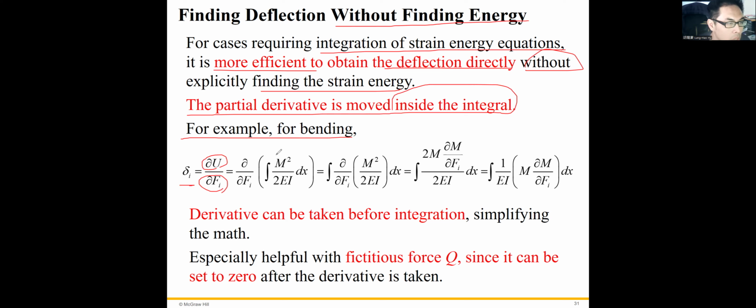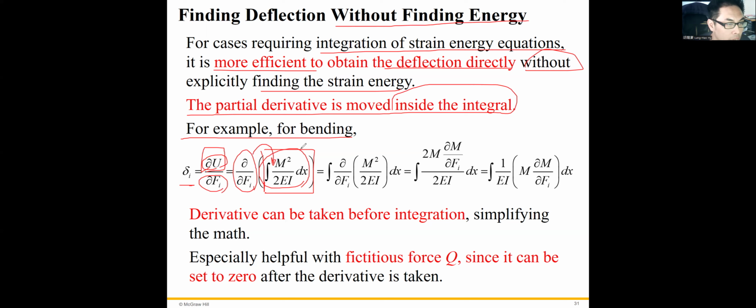So we can say the inside is the strain energy, right? It's the strain energy. And we can just move this derivative inside the integral right here, right?